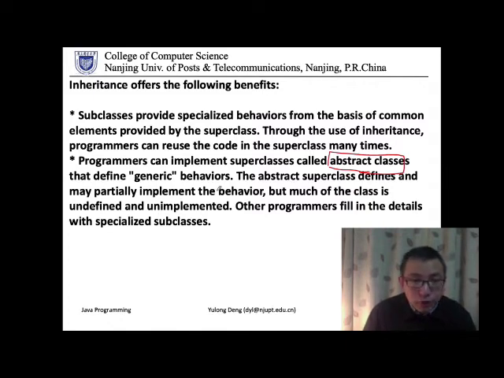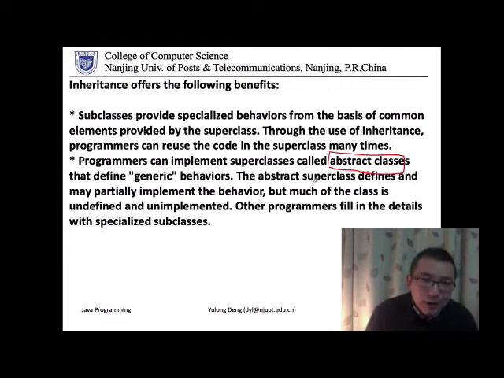And we derive the subclass. Inside the subclass, we inherit these methods from this abstract class, and then we give the implementation in the subclass. So this is the idea about abstract class.